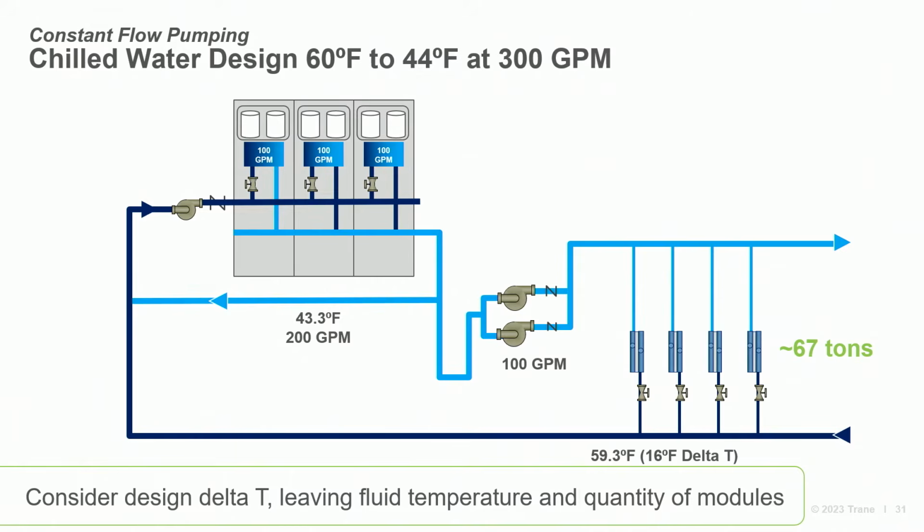Now we see a mixed return temperature to the chiller of 48.6 degrees. With only one module now required to meet the load, this increases the amount of mixing within the modules. Now 100 GPM of 32.6 degree chilled water mixes with 200 GPM of 48.6 degree chilled water for a leaving chilled water temperature of 43.3 degrees.